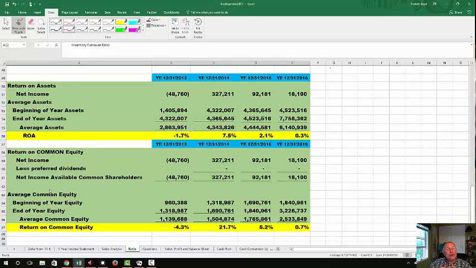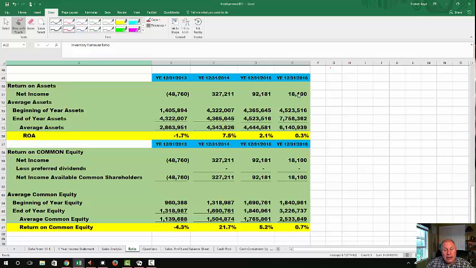Some companies will actually show you what the average assets for the year are and the average common equity. If your 10K shows you what the average is, you can use that. Now, not all companies do that. So what I did, because I didn't have that, is I took the beginning and ending balance and I divided it by 2. So I assumed there was an average.